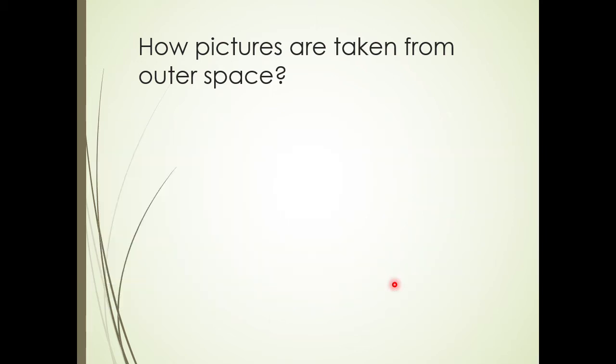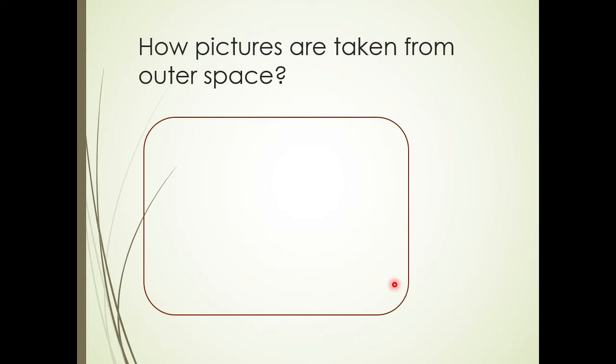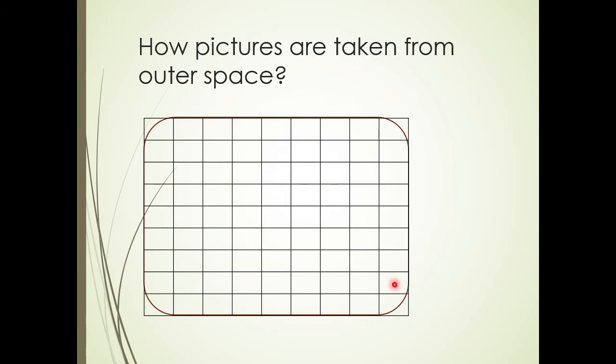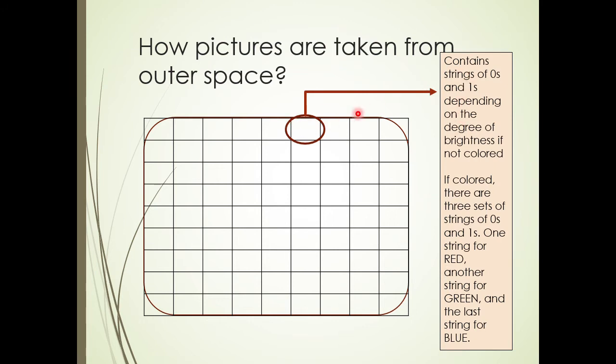To visualize this, suppose that we have this picture taken from outer space and it is divided into this many squares. Each square is called a pixel. We put a string of zeros and ones in each pixel depending on the degree of brightness, especially if the picture is not colored.